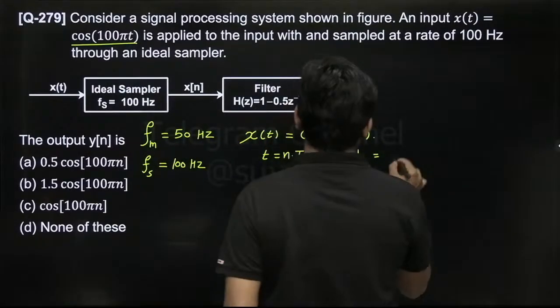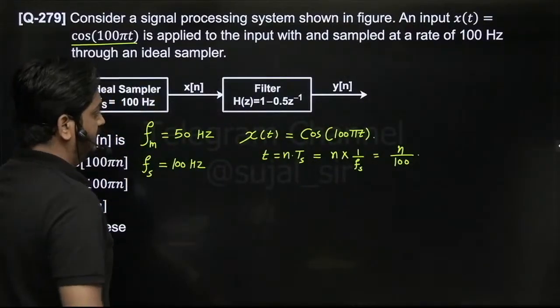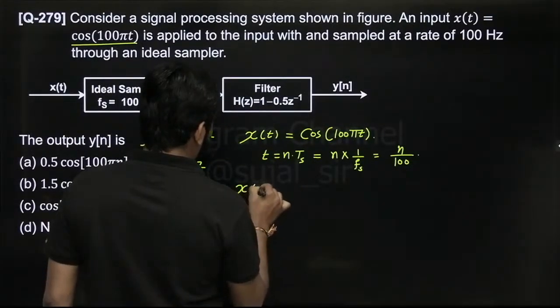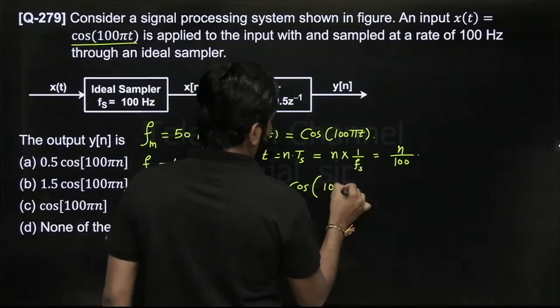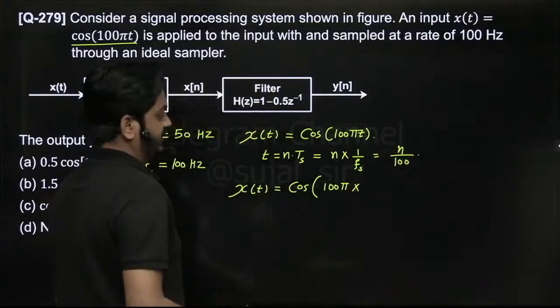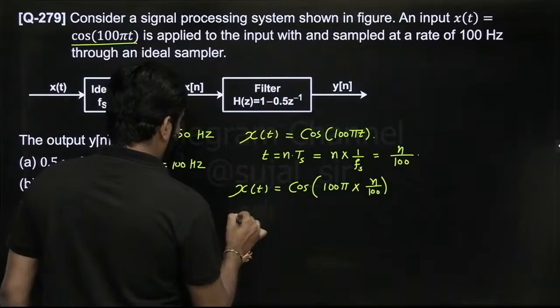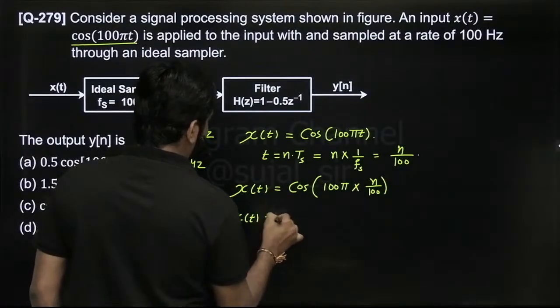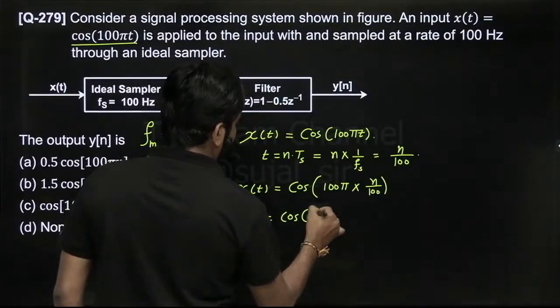Fs is equal to 100, so it will be n upon 100. So simply replace t with n by 100, so x of t will be cos 100 pi times n by 100. So x of n is nothing but cos n pi.